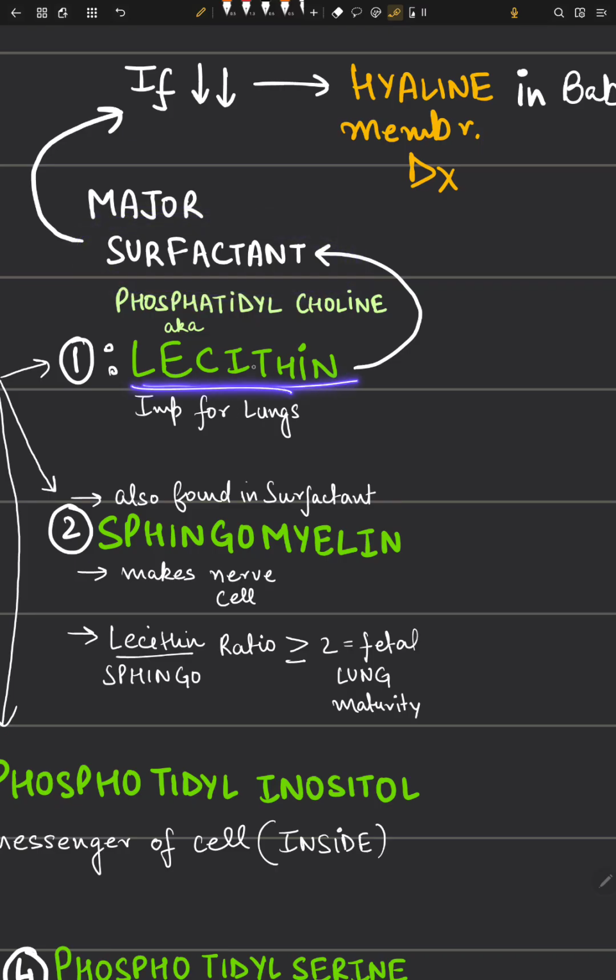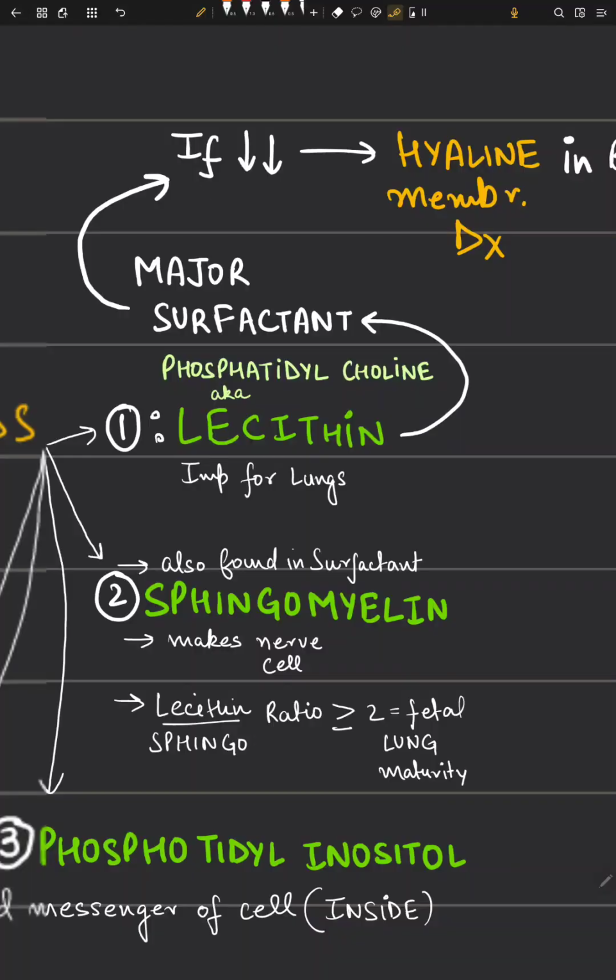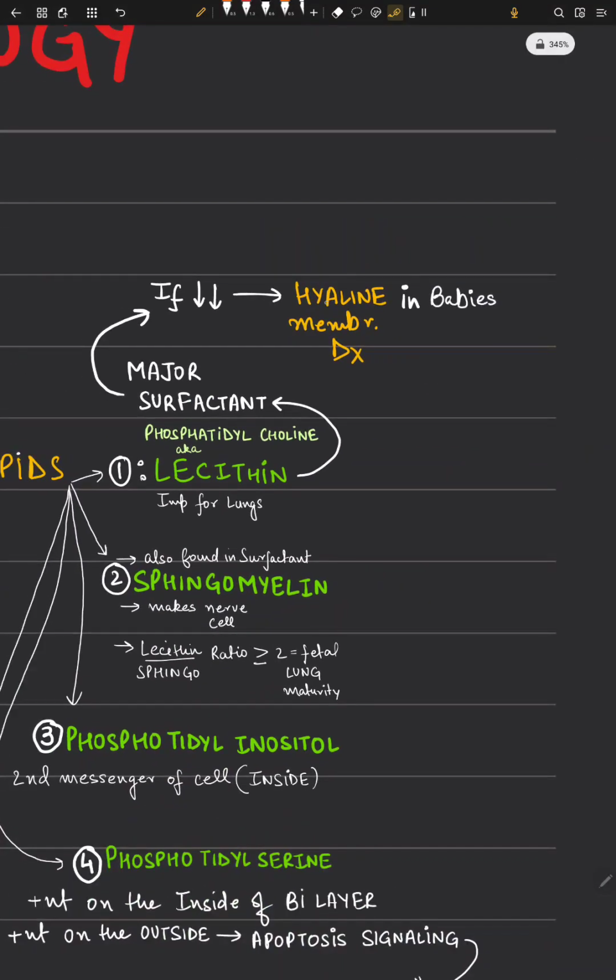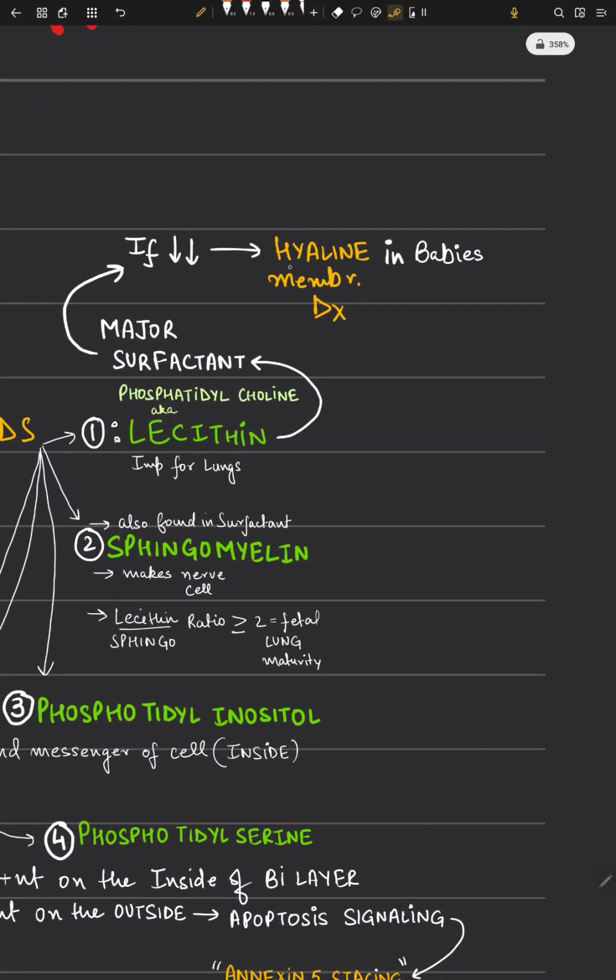Lecithin is also known as phosphatidylcholine, one of the major parts of surfactant. If you are low in lecithin, you will not have developed lungs, and if lecithin is really low, there will be hyaline membrane disease, which is very common in babies who are underdeveloped.